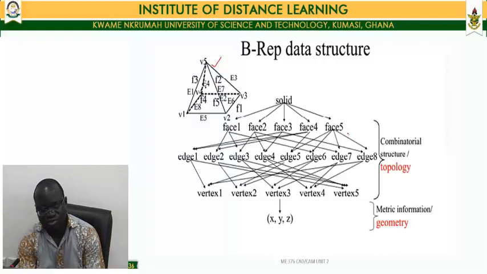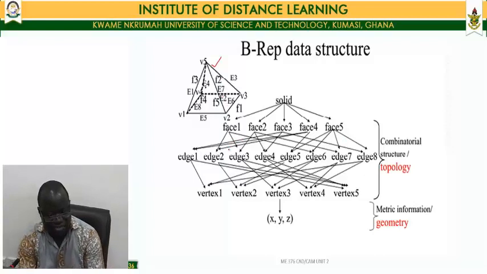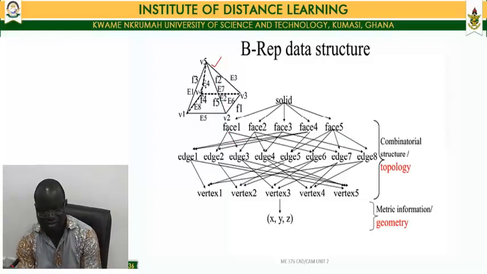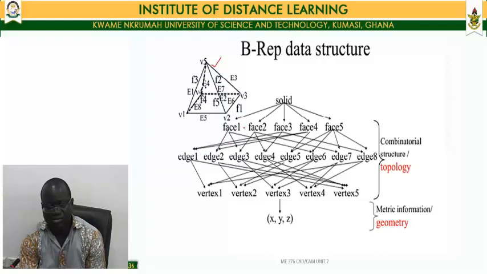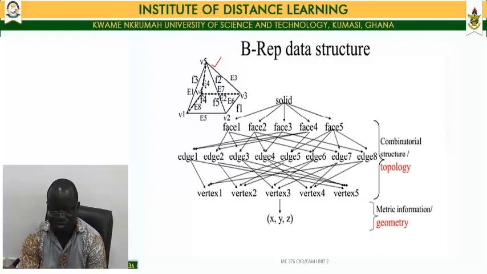And then you take face 2, you describe the edges that form a loop around it. Now you notice that these edges also have vertices. Each edge is connecting two vertices. So you will see the connectivity information for each vertex. All this combines to actually give you the topology. This structure is normally called the combinatorial structure, or the topology.